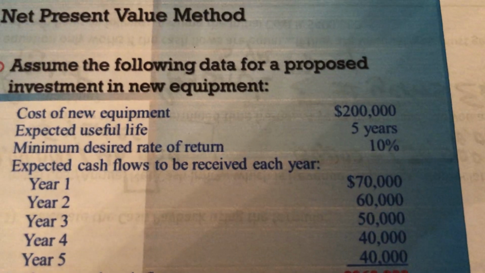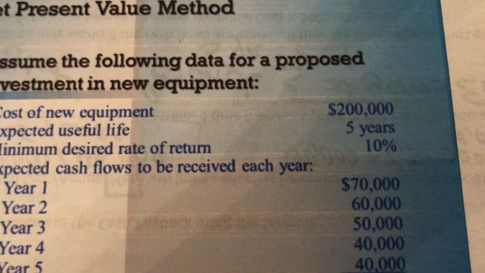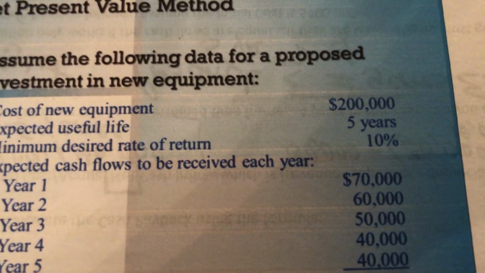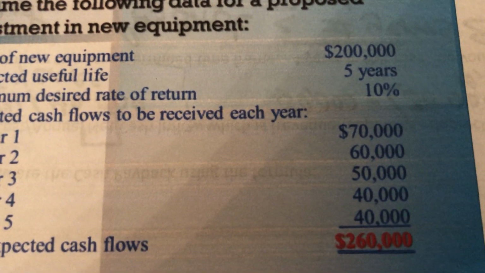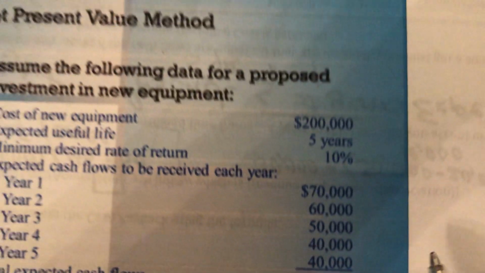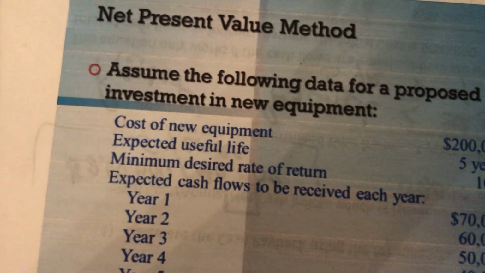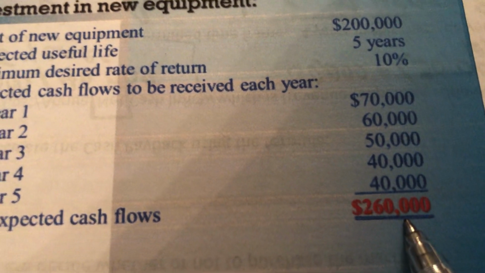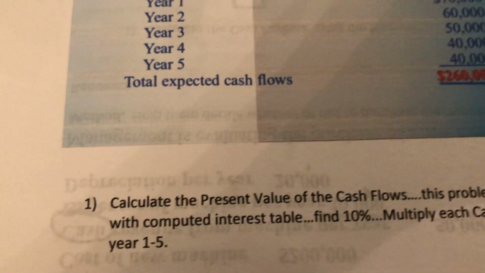And this is what that machine is going to bring us in as revenue. Year 1, 70,000, year 2, 60, year 3, 50, year 4, 40, year 5, 40. So we expect to get cash revenue of 260,000.